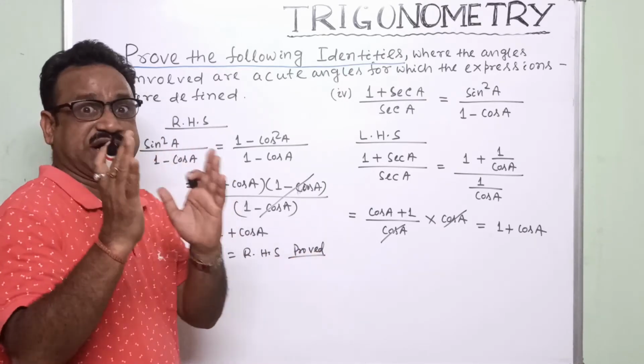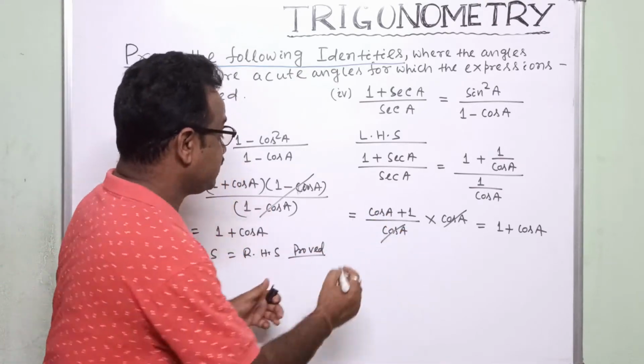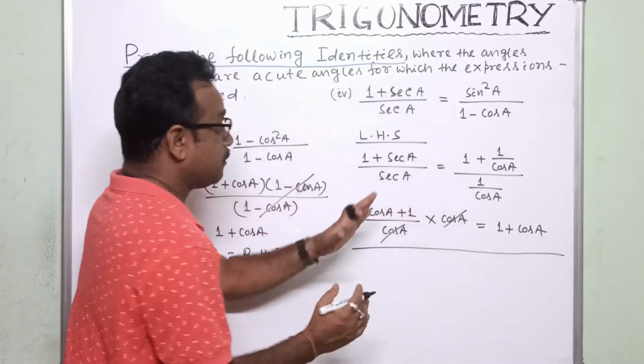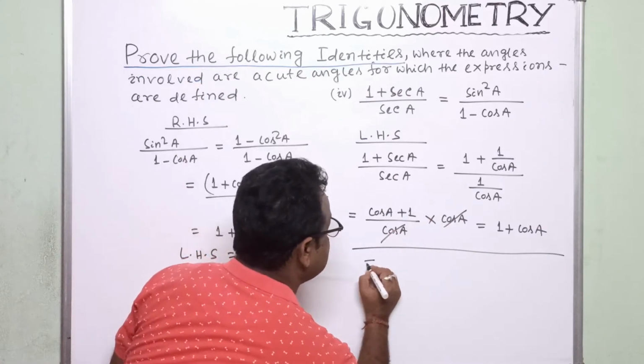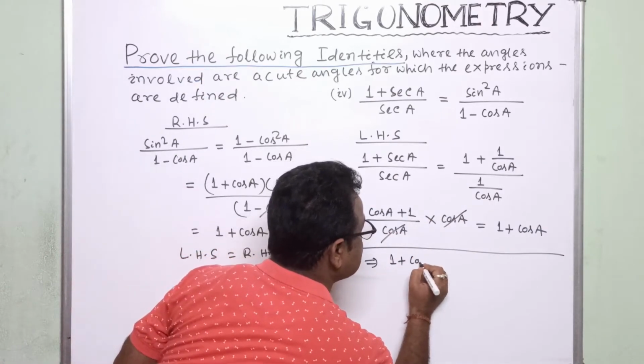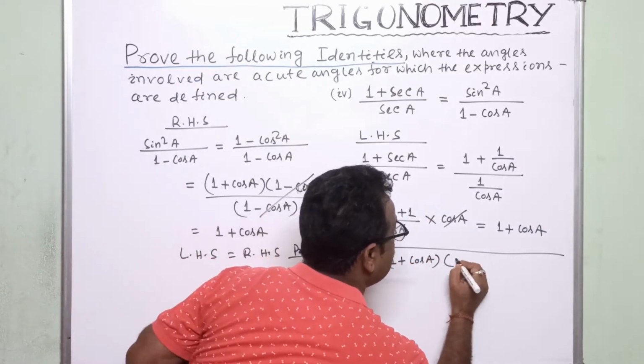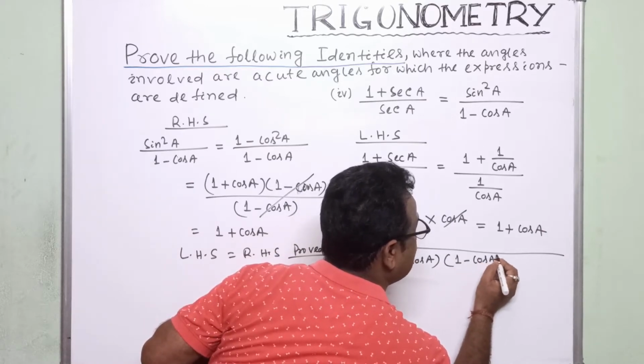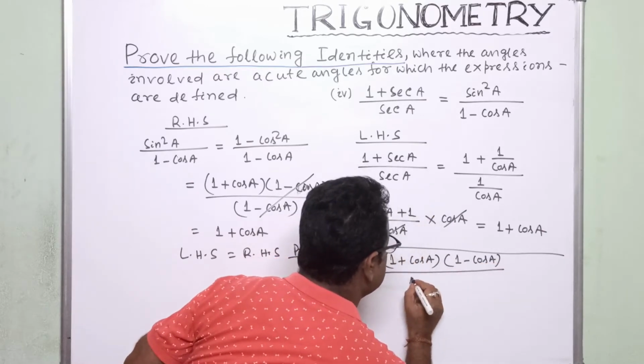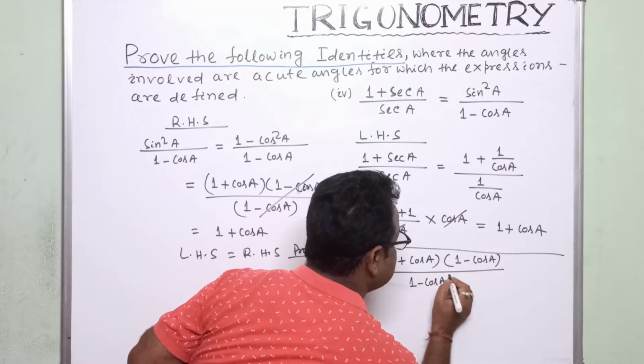Now see one thing. We have done it this way, but here also we can multiply 1 minus cos A in both numerator as well as denominator.